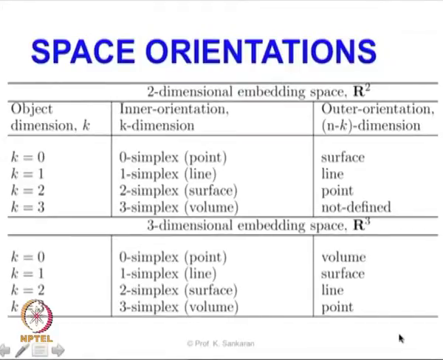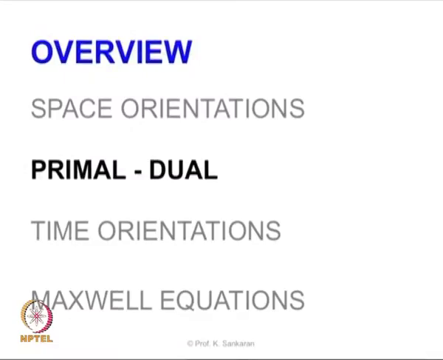So far we have differentiated between the 2 different kinds of spaces. Now we are going to call them either primal or dual. I have already used the word primal or dual while describing the spaces, but let us see in detail what this means from the more topological point of view. So we have the primal dual complex.